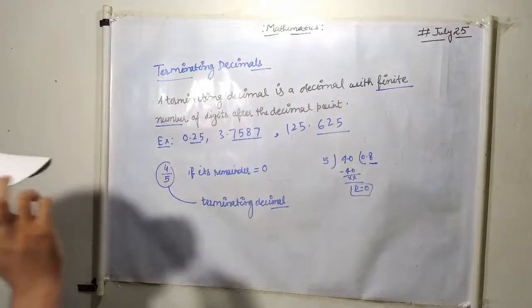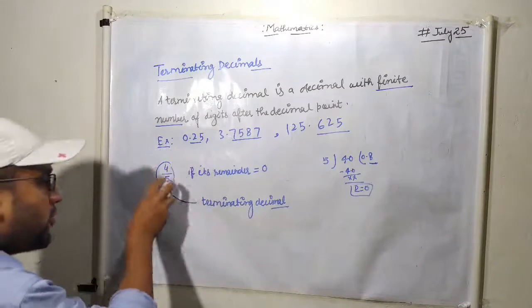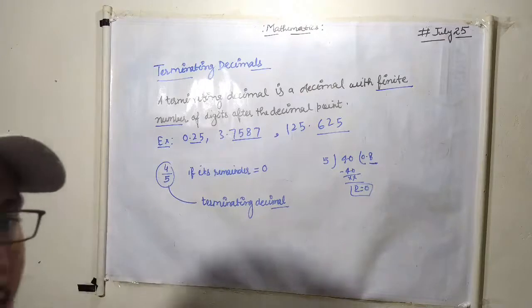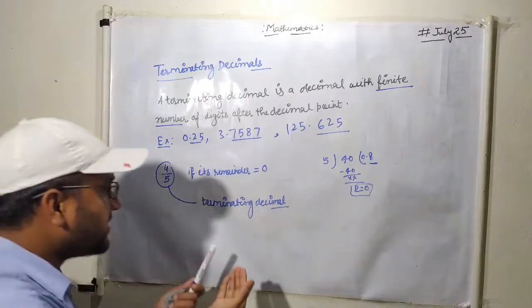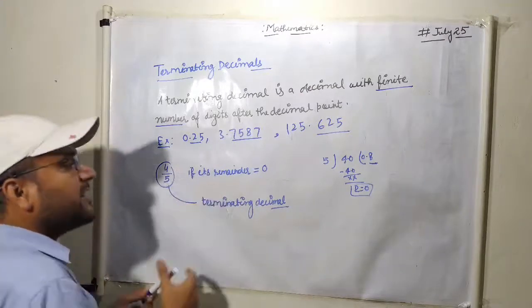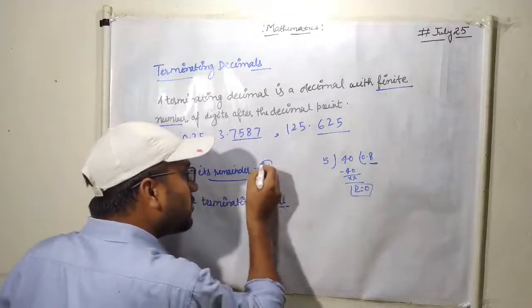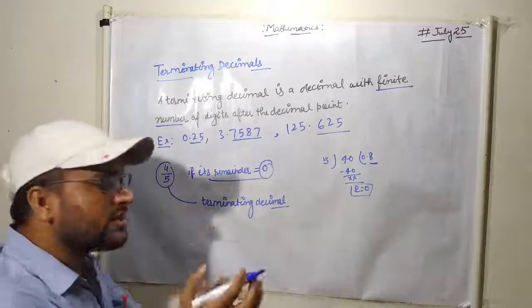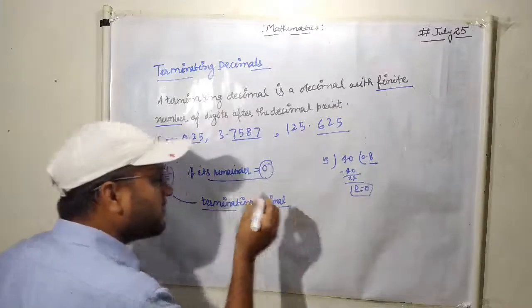Okay students, so this is a very important point. If you are converting a rational number or a fraction into a decimal, if its remainder is 0, then the quotient is said to be a terminating decimal.